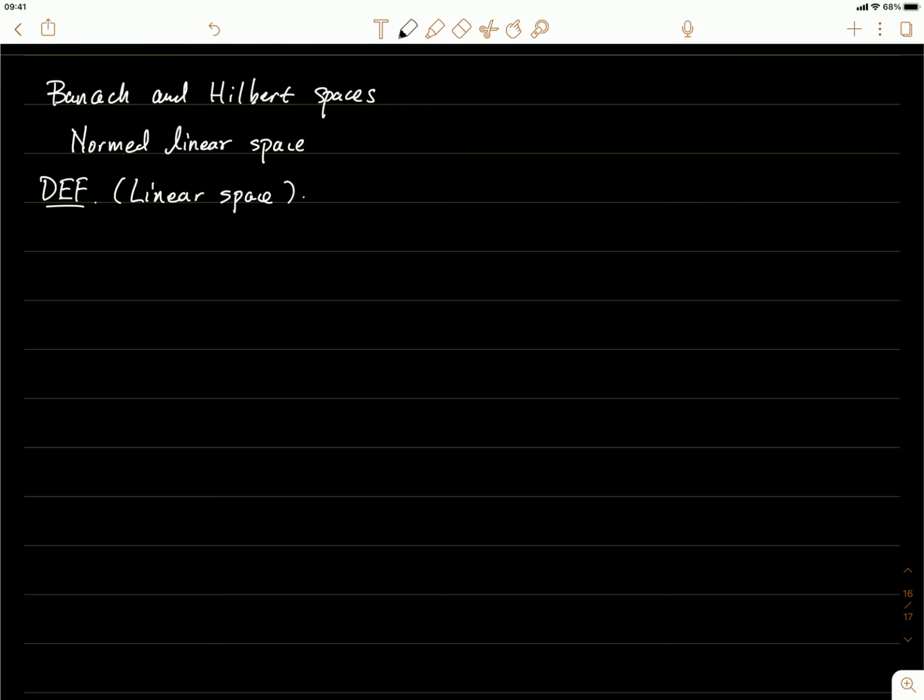Okay, so we say that X is a set of elements, and let's say K is a field.